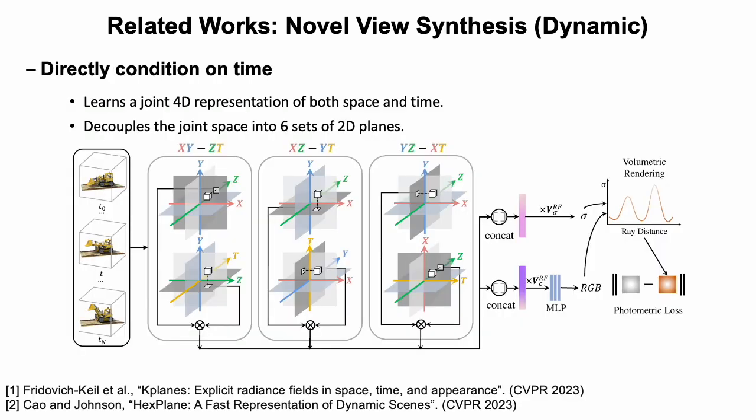More recent approaches have achieved huge speedups by directly conditioning density and color on 4D spatio-temporal coordinates and using tensor decomposition techniques to compress the representation.